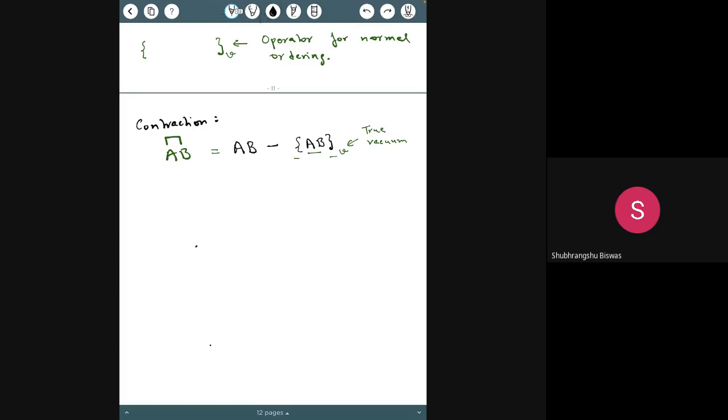If A and B are annihilation operators, let's see what happens. So if I have A_P A_Q and I contract, I have the original string and the normal ordered string. If you have two annihilation operators, whatever order they are in, you have A_P A_Q minus A_P A_Q, and that will give you a 0.